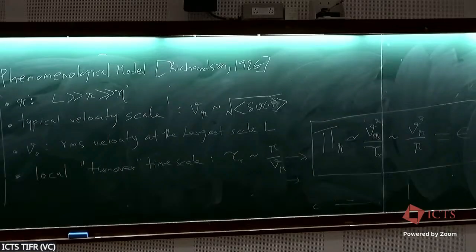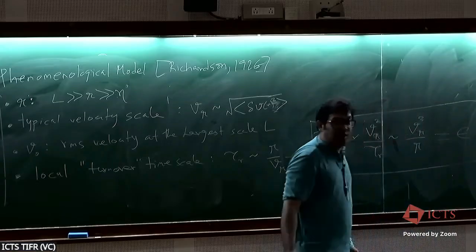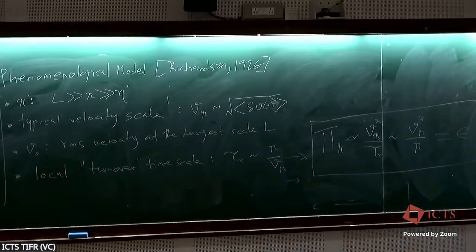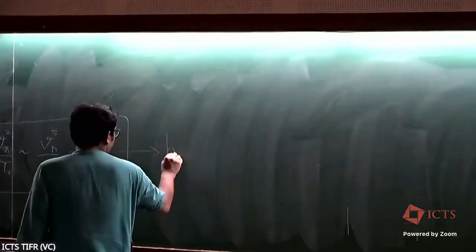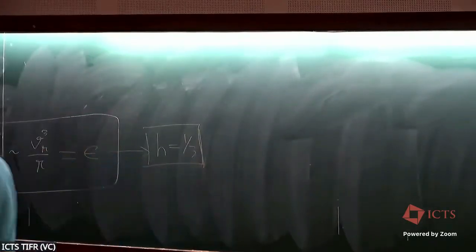Stationarity would demand that the number of chocolates I give to Abhishek, what he passes down to the rows behind, and let's assume the guys in the last bench are viscosity and will eat up all the chocolates. So there should be a constancy in the flux of chocolates going down the stream. So this must be equal to epsilon, and then lo and behold, you immediately see from here, and this gives a nicer way to think about the scaling exponent, H is 1/3, which follows just from this simple phenomenological model.